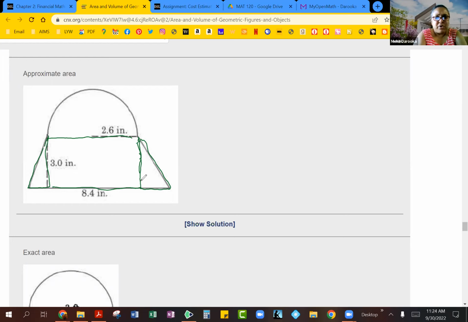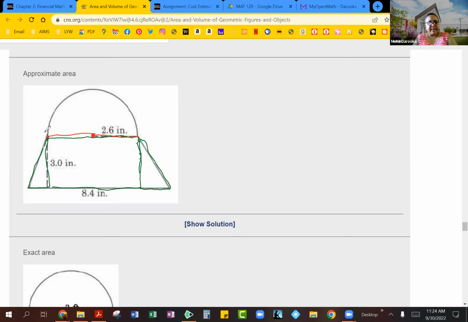So let me ask you, of course, for the very bottom part of this figure, they are telling us it is 8.4 inches. And let me change the color here. So this is 8.4 inches, but then the radius of the semicircle is 2.6 inches. If we were to go ahead and get it all the way to the other side, what would that total length become at the top over there?